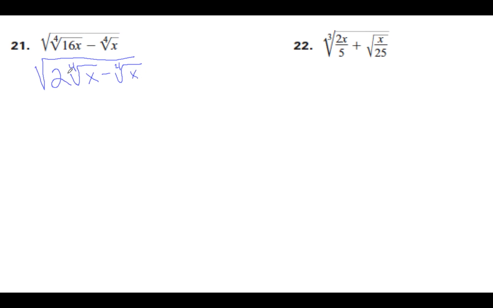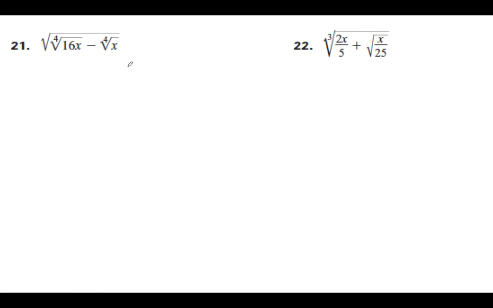So that's 2 times the fourth root of x minus 1 times the fourth root of x, which just leaves 1 fourth root of x. This is x to the 1/4 raised to the 1/2 power, which is x to the 1/8.